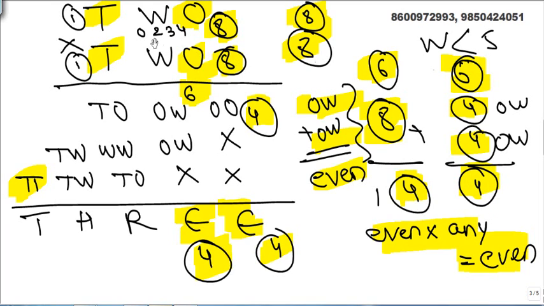But now, 8 into 0 is 0, 8 2s are 16, 8 3s are 24. So to get 4, 8 3s are 24. Perfectly, we have got the answer here.